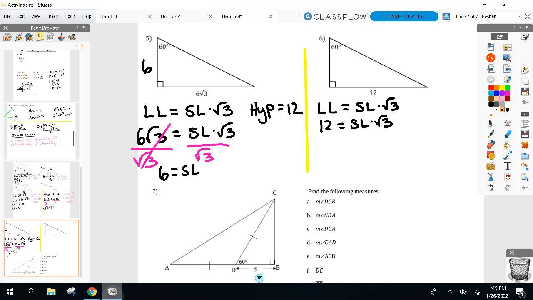Divide it, just like we've been doing all day. Ooh, nothing cancels out, though. Nothing's going to cancel like it did in the last one. But we have a little bit of experience from yesterday that this is not an acceptable answer.